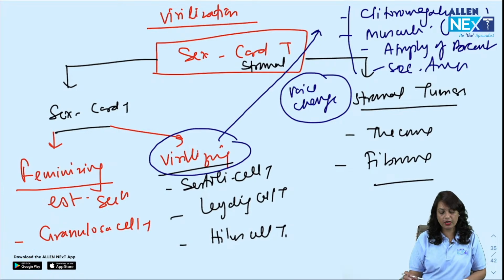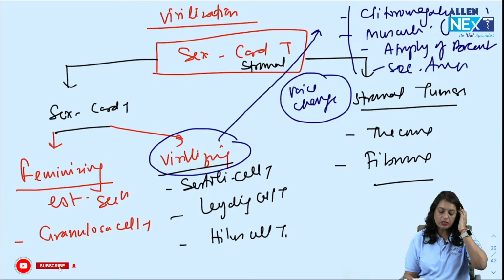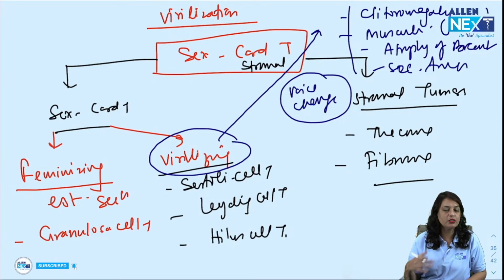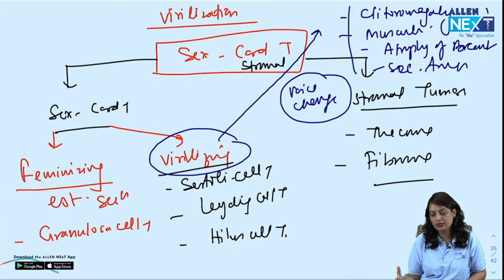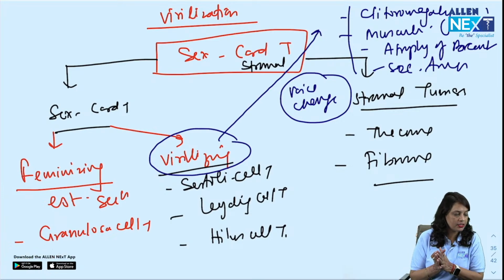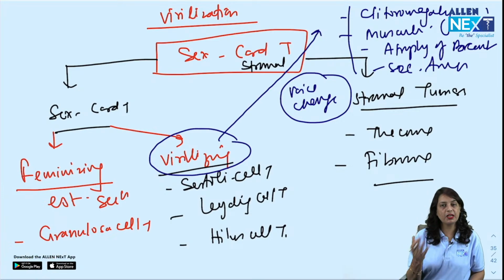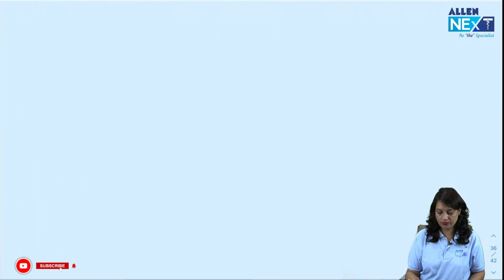These are the features of virilization, and it is caused by androgen secreting ovarian tumors, that is virilizing ovarian tumor, Sertoli Leydig cell tumor or Hylas cell tumor. And the features of virilization are hirsutism plus defeminization.